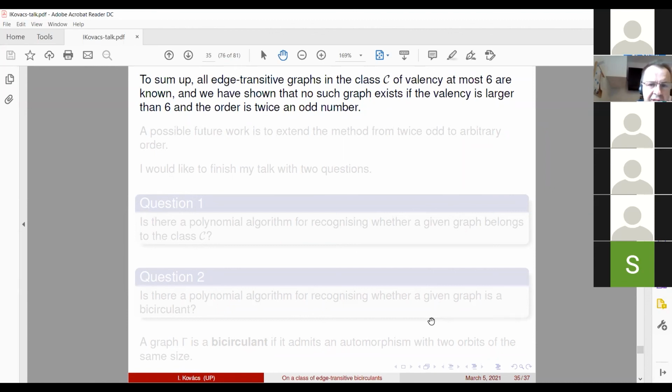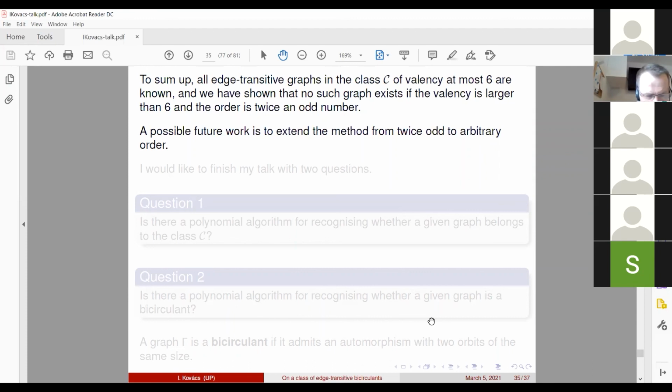In the talk, we actually showed that no such graph exists if the valency is larger than 6 but the order is twice an odd number. The possible future work is, of course, to extend the method from twice odd order to arbitrary order, and we conjecture that no graph exists if the valency is larger than 6.